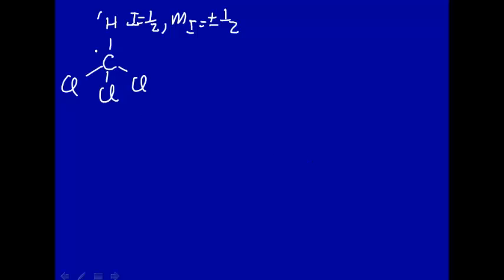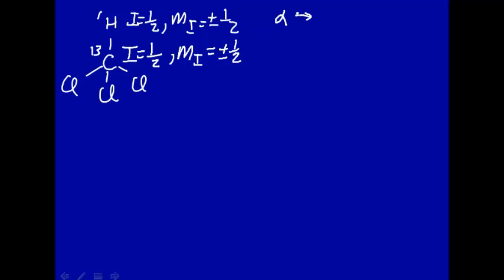So let's synthesize carbon-13 chloroform, and look at the coupling of the spin 1/2 here with the nuclear spin of carbon, which, we just saw, was 1/2, and which itself has two values of m sub I, plus and minus 1/2. So I don't have to keep writing m sub I equal plus or minus 1/2, let's adopt this nomenclature.